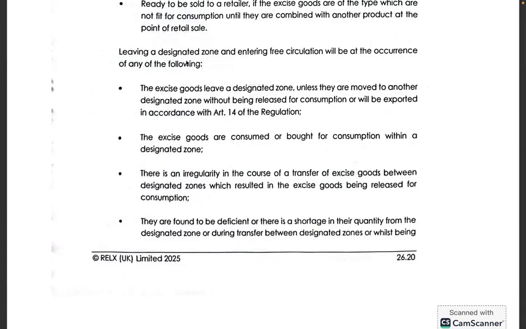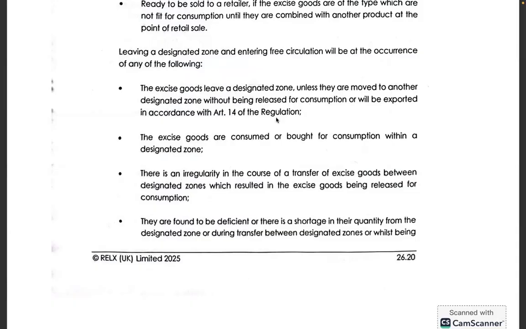So let's read again. Leaving a designated zone and entering free circulation will be at the occurrence of the following: the excise goods leave a designated zone unless they are moved to another designated zone without being released for consumption, or will be exported in accordance with Article 14.